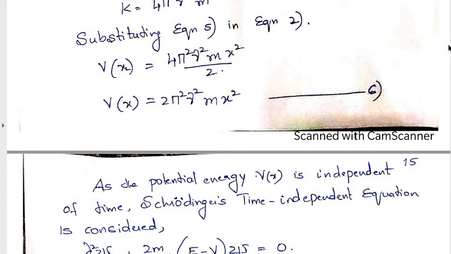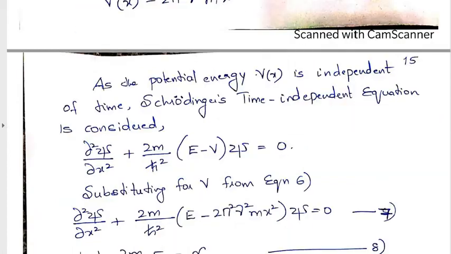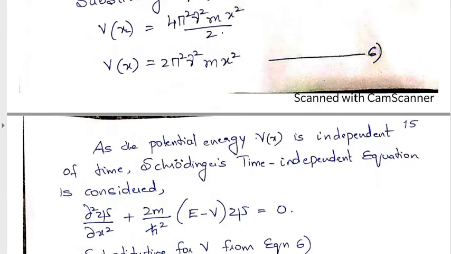So if we have to consider Schrodinger's equation, we consider Schrodinger's time independent equation. So therefore we have del square psi by del x square plus 2m by h bar square into (E minus V) into psi is equal to 0.